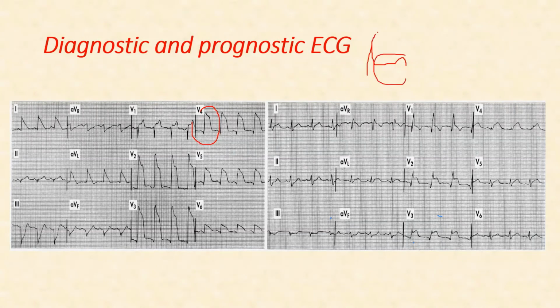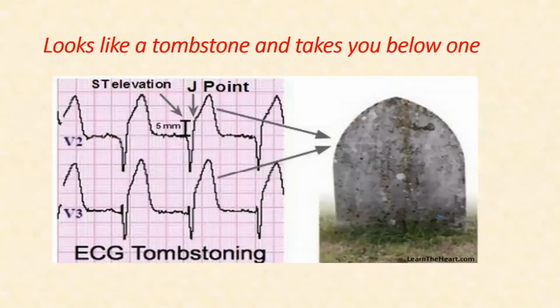So it becomes part of the R. Okay. So this is called tombstoning of the ECG, because it looks like the tombstone.